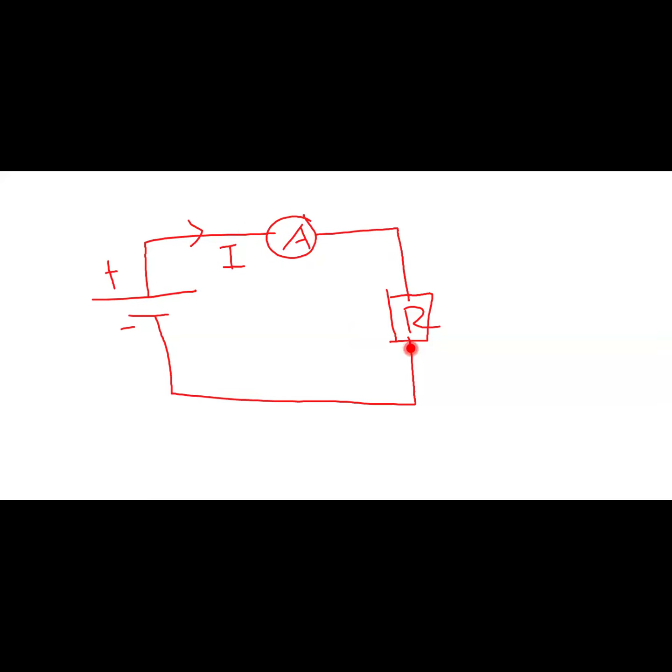Now, on the other hand, the potential difference or voltage across the load, if this is my load, and then I want to know the potential difference across this load. Potential difference is simply the voltage.